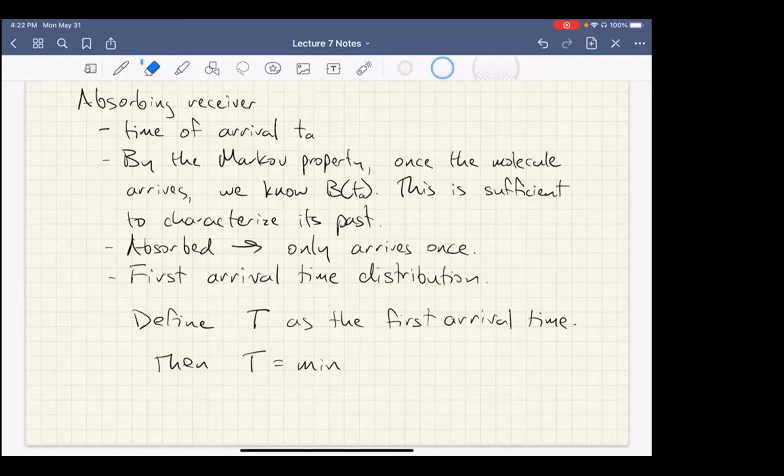It'll be the minimum of the set of times such that the Brownian motion is inside the receiver. So in other words, this is the set of times where the Brownian motion is inside the receiver.